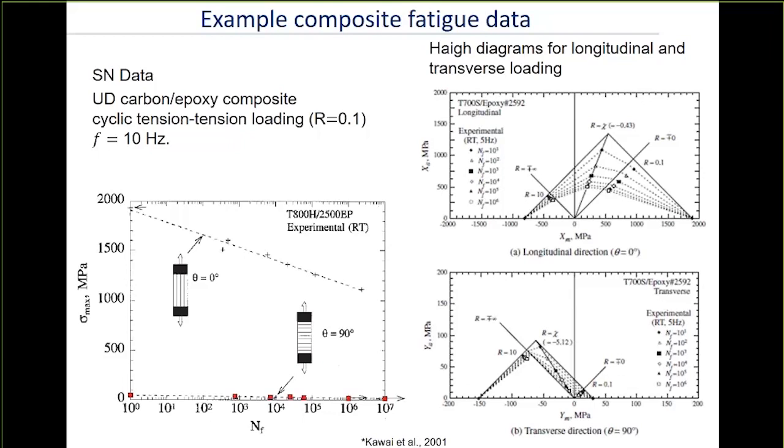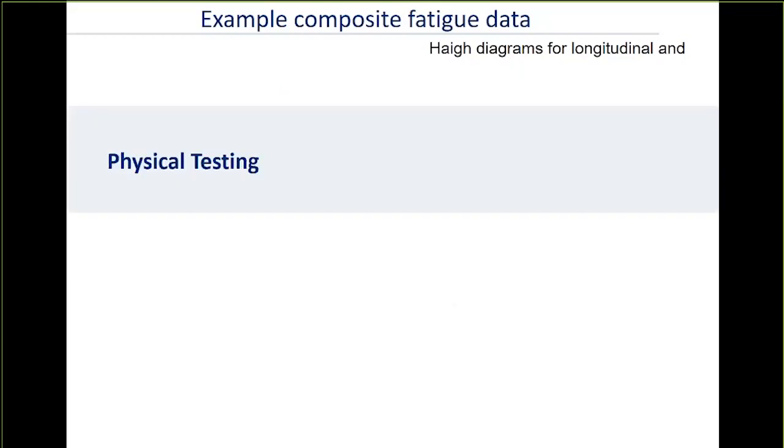The strengths are much lower. It's a tiny fraction of the strength in the fibre direction, but in the transverse direction, it's very weak in tension and much stronger in compression. Okay, so that's some typical data.